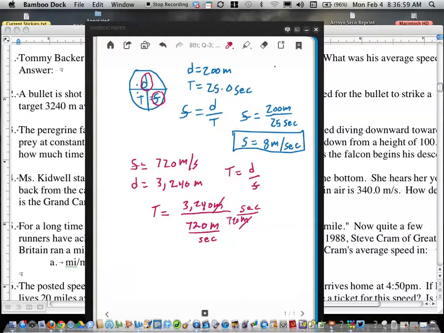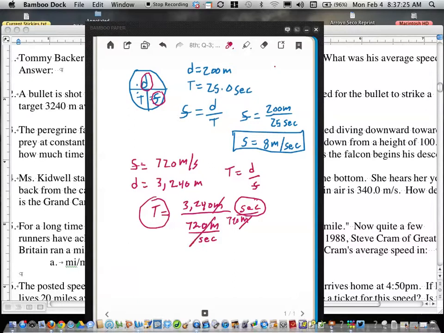That's important, because what we're looking for is time. And we want to be sure that the units match up. So here, seconds is a measure of time, so we know that we're left over with the units of seconds, and the meters cancel. So I know that by doing this mathematical operation, it's correct.